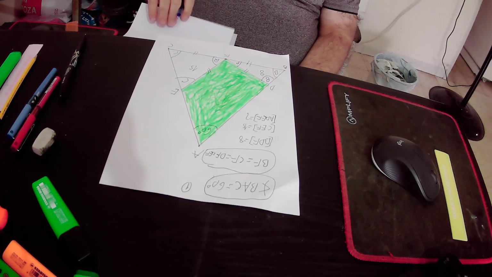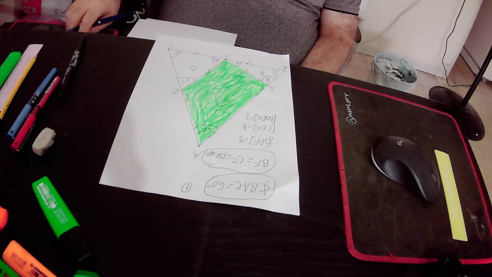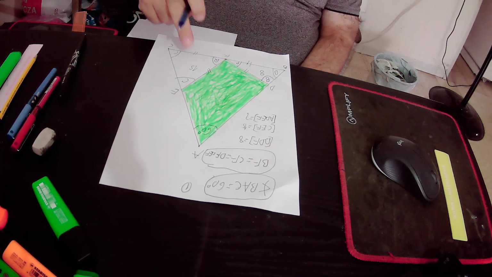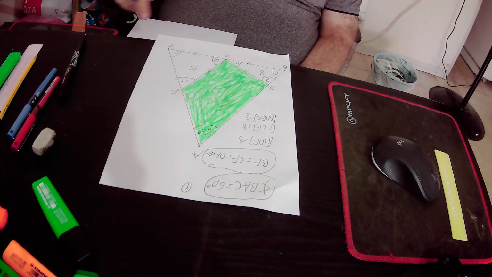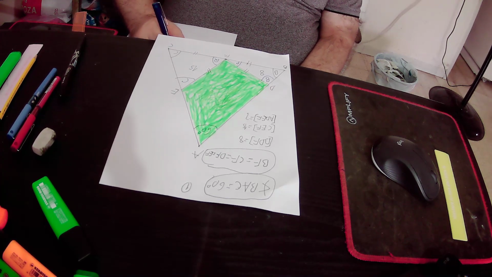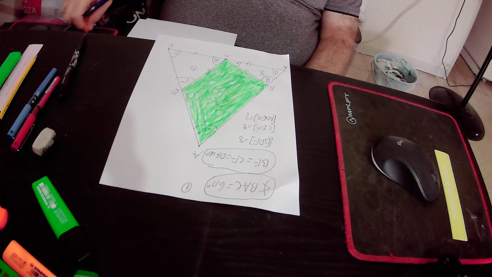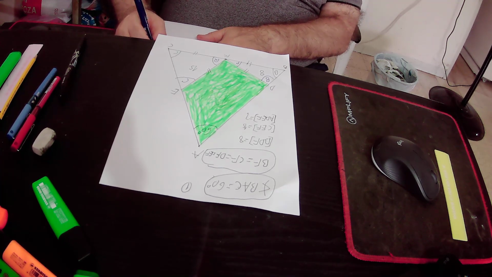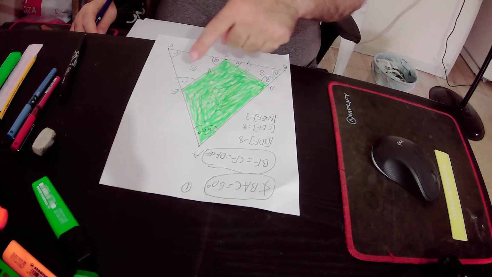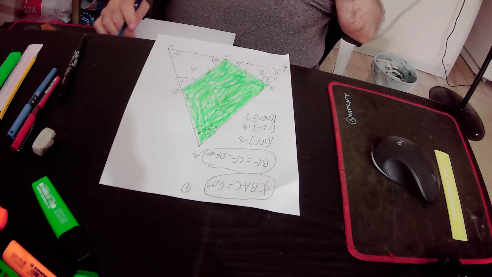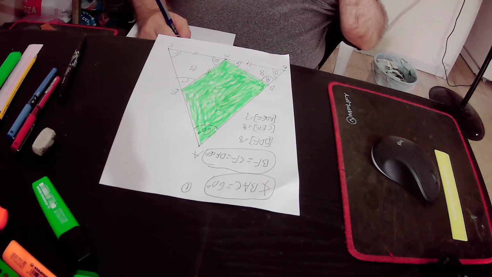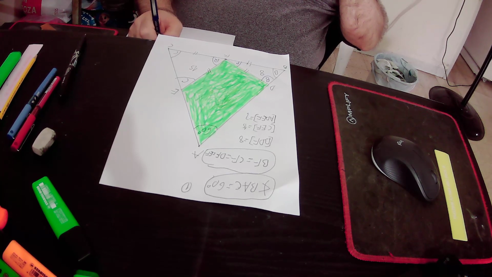We will use the same rule in triangle EFC. In triangle EFC, we know that the sum of the angles equals 180 degrees. That is to say, C plus C is 2C plus Q equals 180 degrees according to rule number 1.